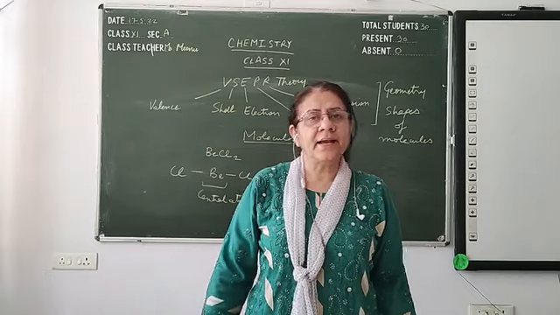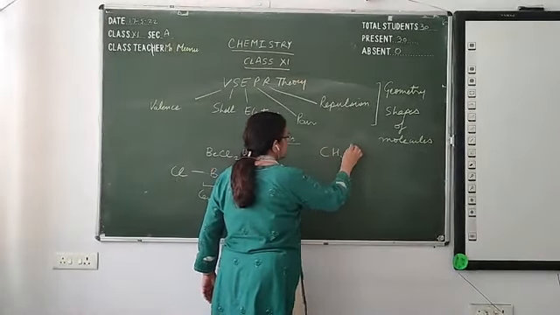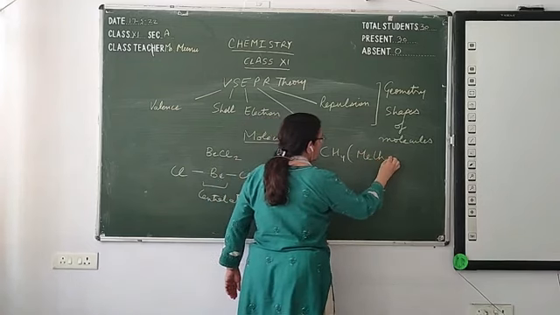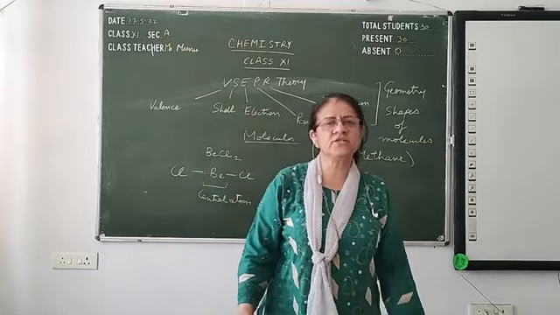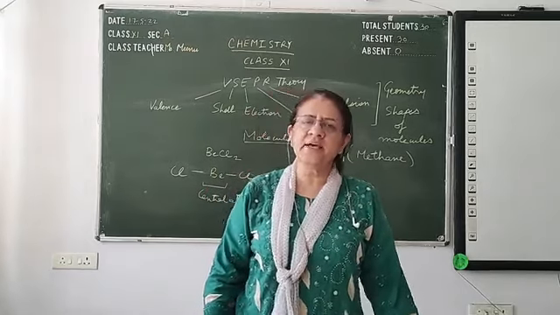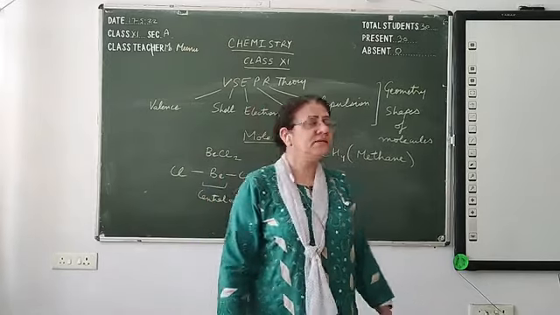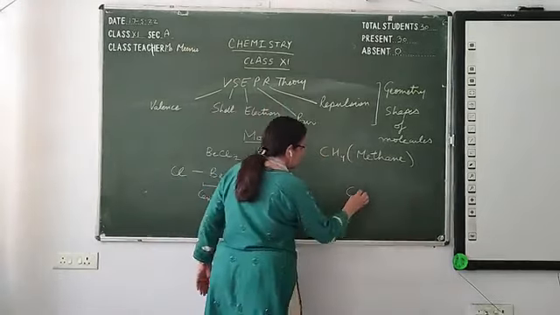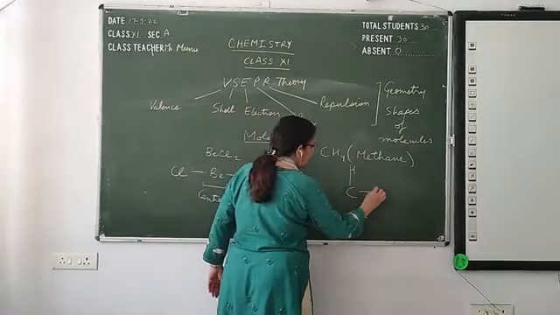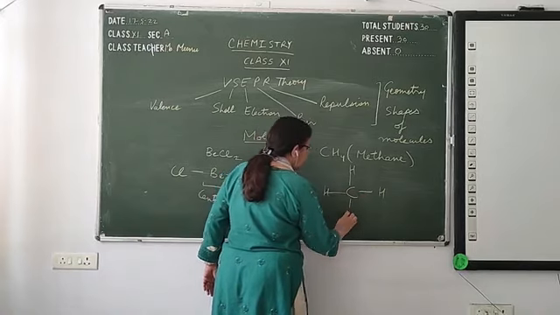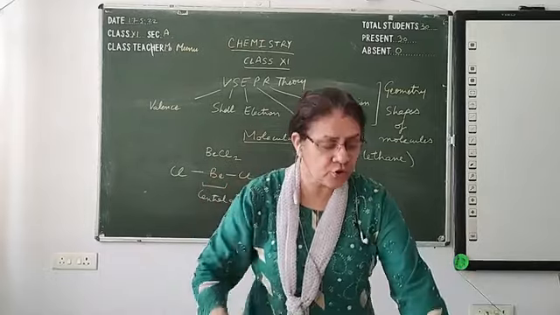Good. Let us take another example, CH4, also called methane. In case of methane, can you guess which is the central atom? Correct. The central atom is carbon, and carbon is surrounded by 4 hydrogen atoms, as we can guess from the Lewis dot structure.